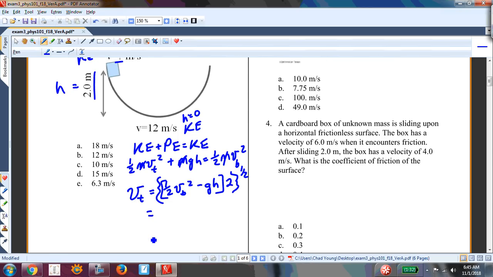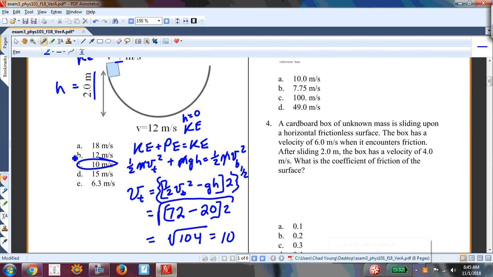So that is going to be a half of 12 squared, that is 72, minus 10 times 2, that's 20. So 72 minus 20 is 52, times 2, the square root of 104. And that's equal to 10.2, or just giving 2 sig figs, 10 meters per second.